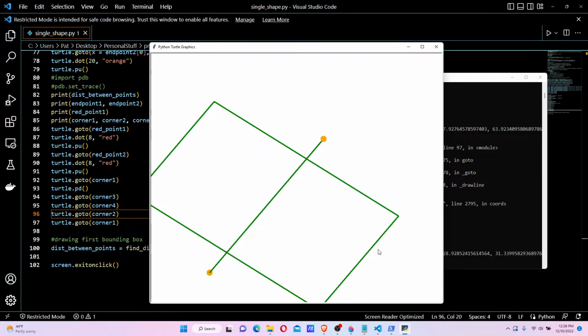Nice. Now, is this perpendicular? I guess it is. Yeah.